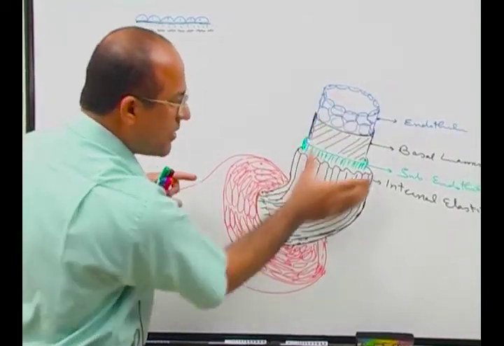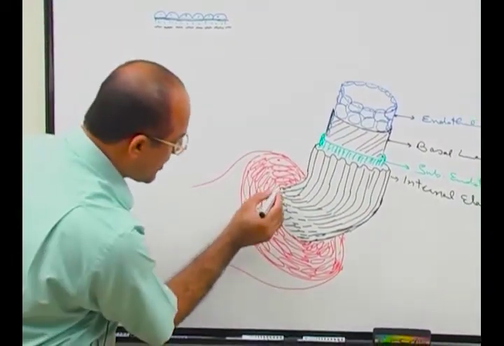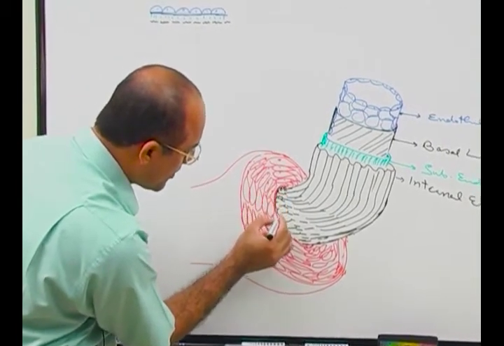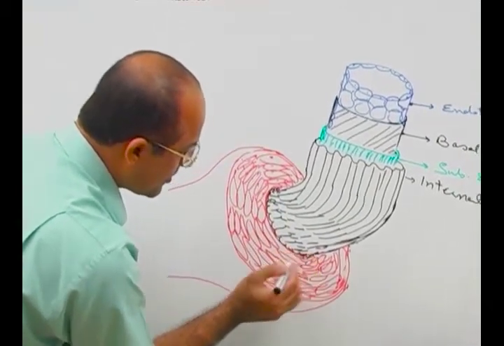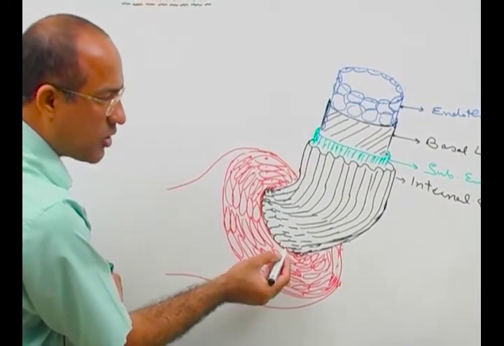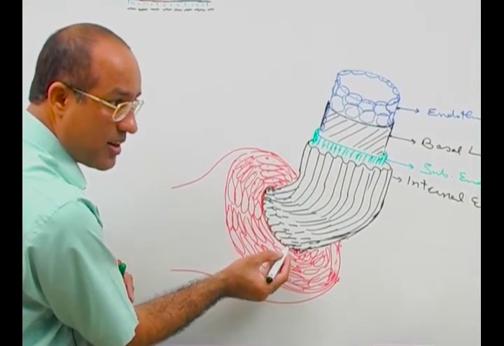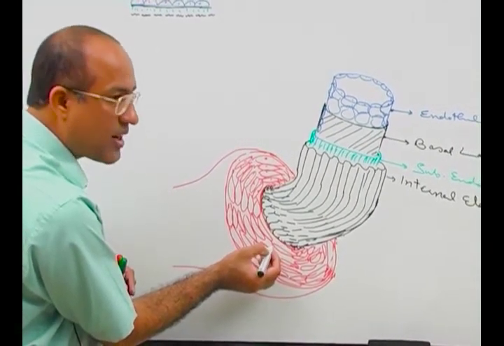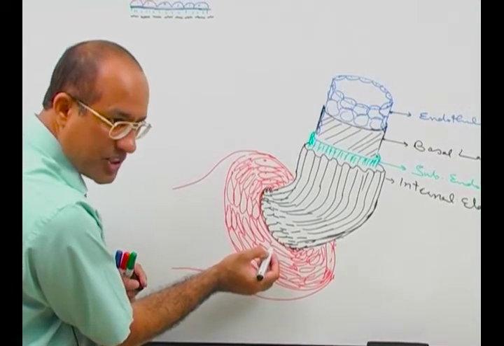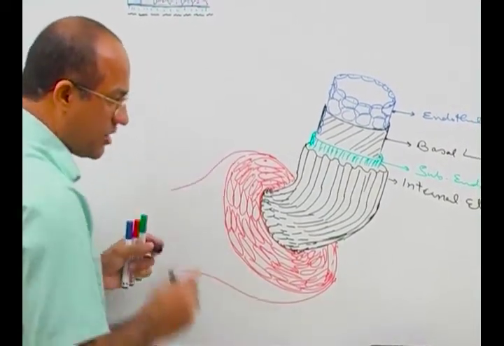Whole intima. Now, media starts from where? What was this? Internal elastic lamina. Internal elastic lamina is part of intima, and anything which is outer to internal elastic lamina is media. Is that right? We are drawing a medium sized artery.